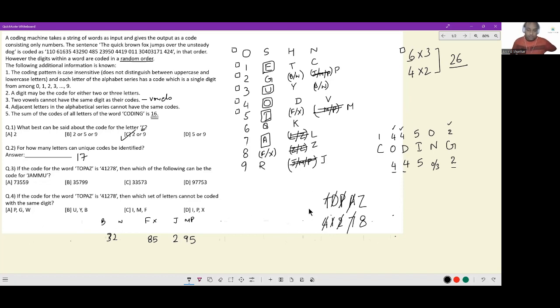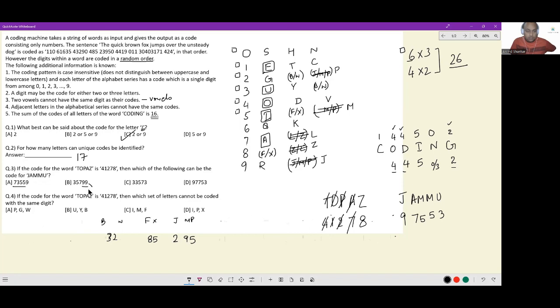This is identified. Now they've asked me to come up with a code for Jammu. So Jammu will have 2 5s, 1 7, 1 3, and 1 9. 9 7 5 5 3. This can be a code.